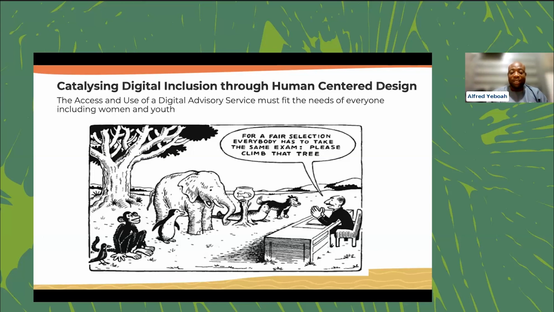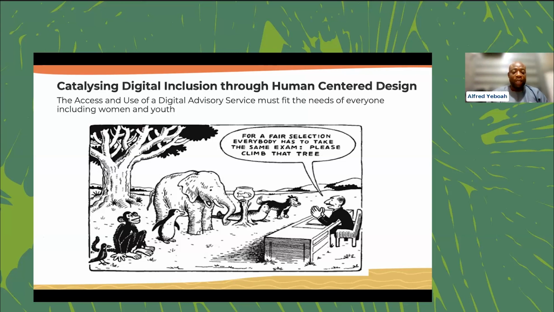In our case, the use of a digital advisory service, irrespective of their ability levels, level of digital literacy, or the existence of a thriving digital infrastructure that in fact supports their usage and adoption of a digital advisory service, or even the process of onboarding or registration for the service. That clearly is exclusionary and would not necessarily fit the needs of everyone, including rural women and youth.